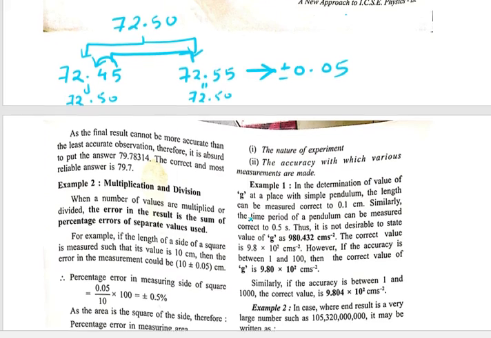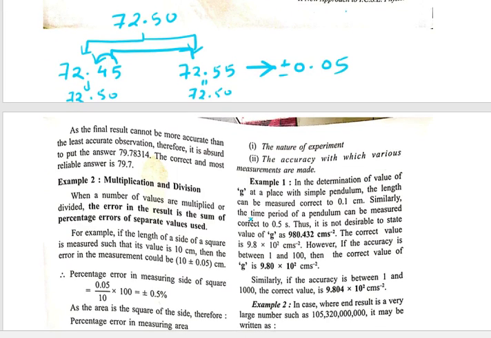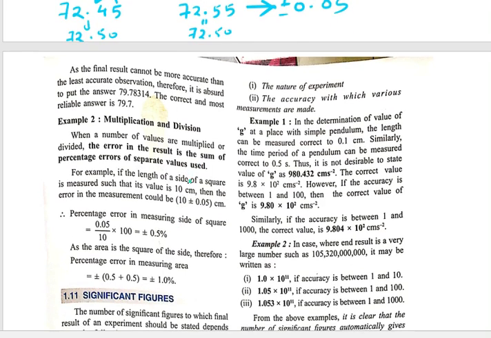Fine. Suppose we take another example, multiplication and division. When a number of values are multiplied or divided, the error in the result is the sum of the percentage errors of the separate values used. Suppose we take one example. If the length of a side of a square is measured as 10 centimeter, then the error in measurement could be 10 plus minus 0.5.